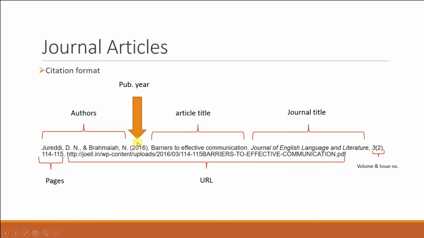The next thing is the publication year. This is the year in which this journal article was published. What follows is the article title. The title of this article is Barriers to Effective Communication. Then what follows the article title is the journal title, the name of the journal in which this article appears.